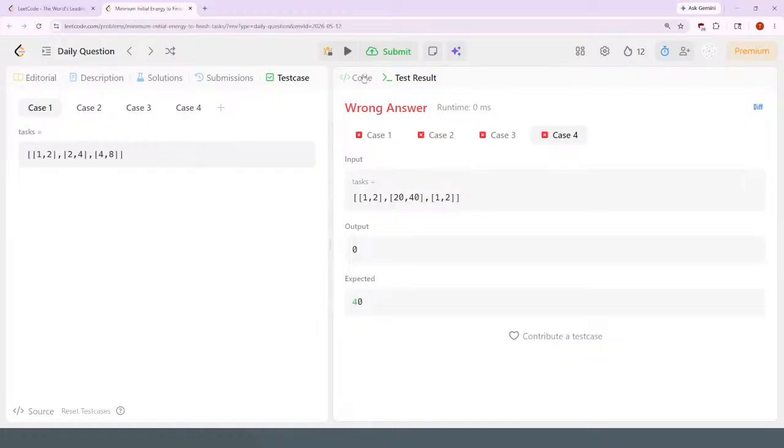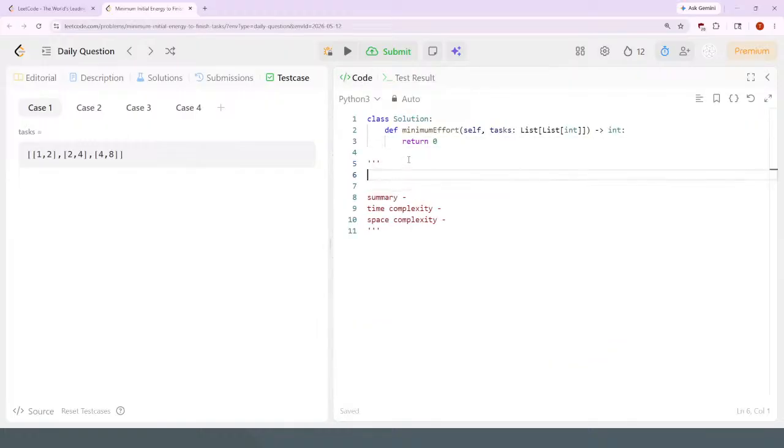Maybe I need to somehow visualize this. 1, 2, 2, 4, 4, 8. How would I visualize what's going on here? If I think about an energy bar that decreases, it needs to be above a certain level.